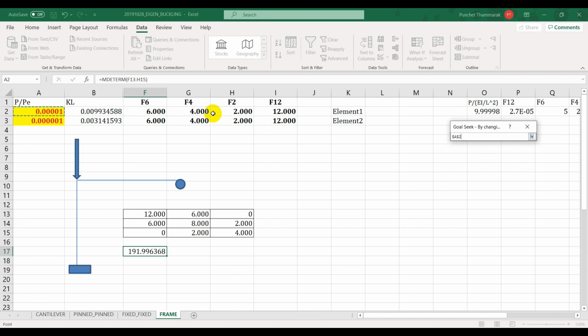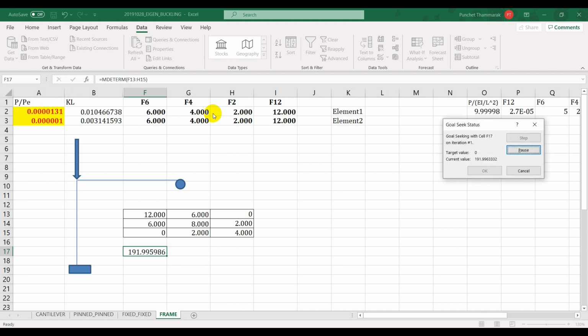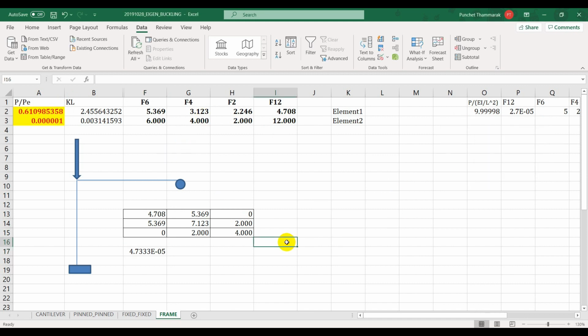Another element you don't have axial load. Okay. So the buckling load is about 0.61 times the PE. Does that make sense to you?